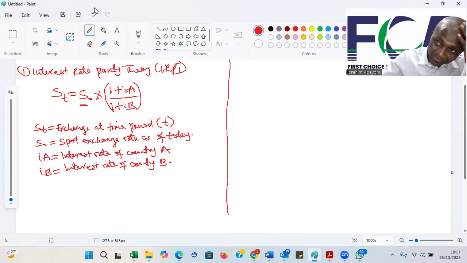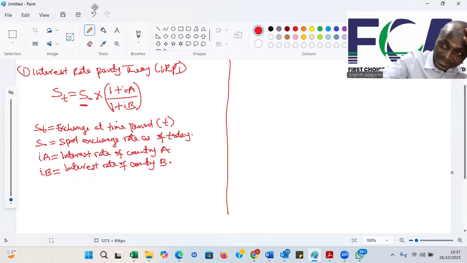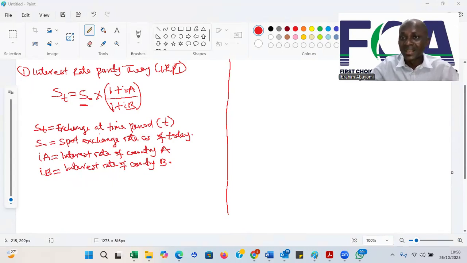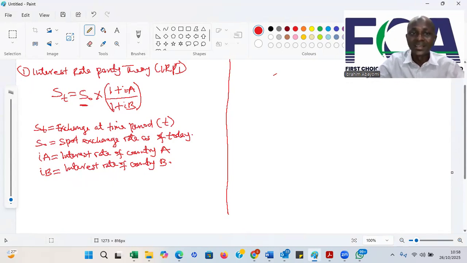So the currency of the spot rate, the country that spent that currency, the inflation rate of that country is what is expected to be up, while the inflation of the other country will be down.